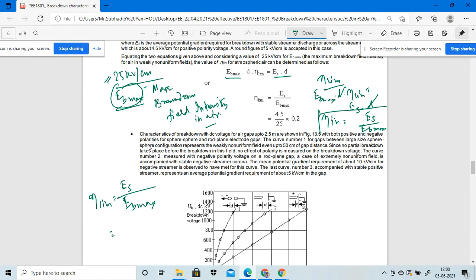If we put in the values, E_s is 4.5, and E_b max is the maximum breakdown field intensity for a particular breakdown, which here is approximately 0.2.